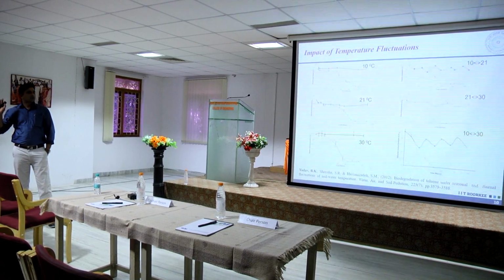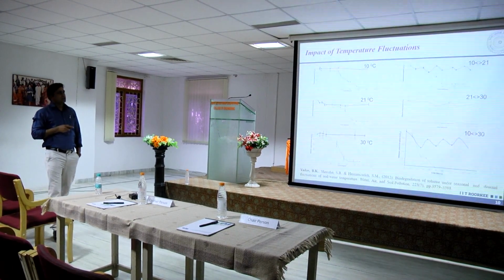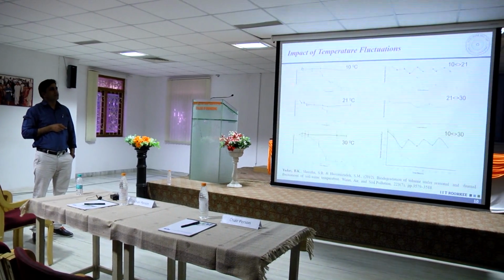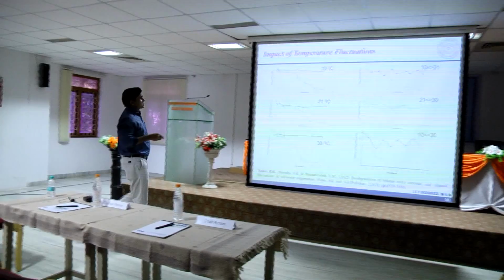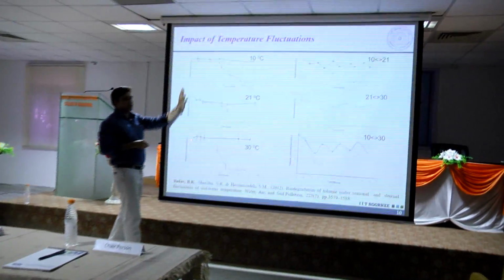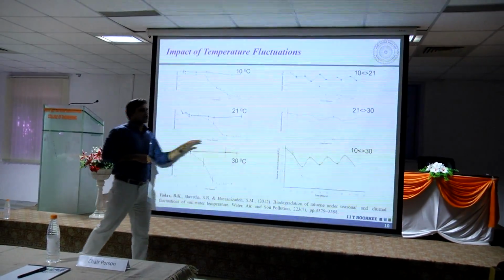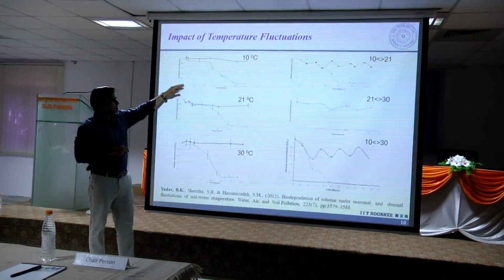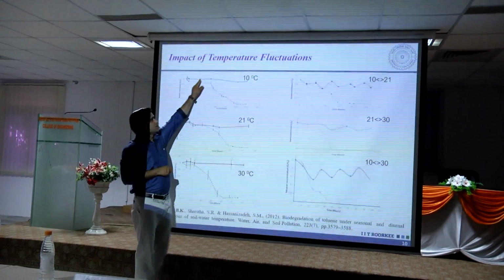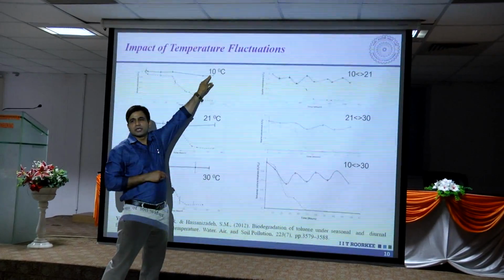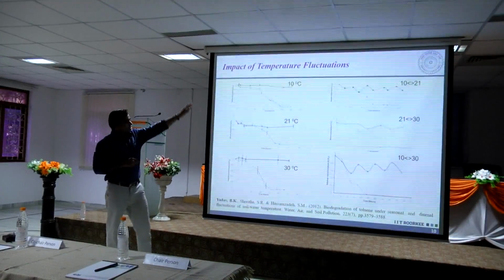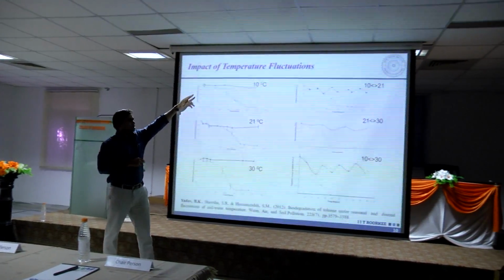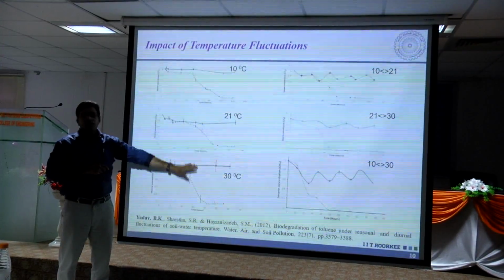I am just going to tell the simple things here. The solid line shows that there is no natural attenuation of the contaminant. This is the concentration of the pollutants on the y-axis. On the x-axis it is the time of incubation. So with respect to time, there is no attenuation. The contaminant concentration remains almost constant in all these three batches. These batches were kept at constant temperatures of 10 degrees, 21 degrees and 10 degrees Celsius.